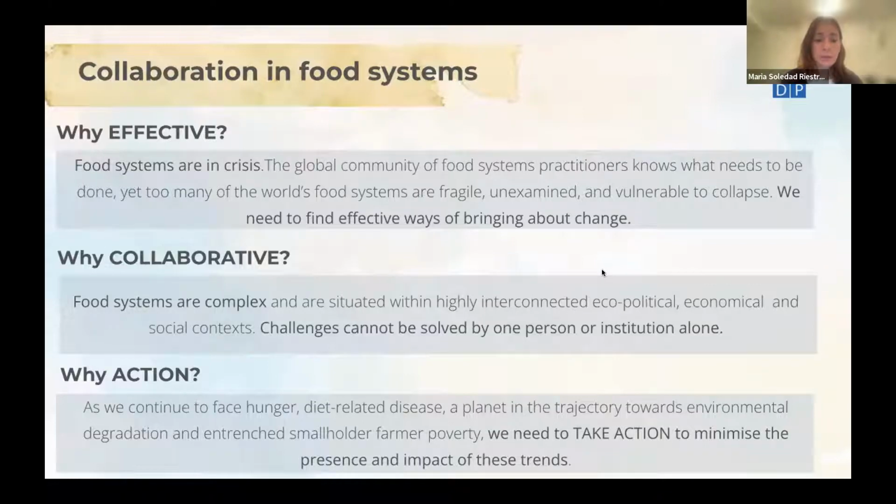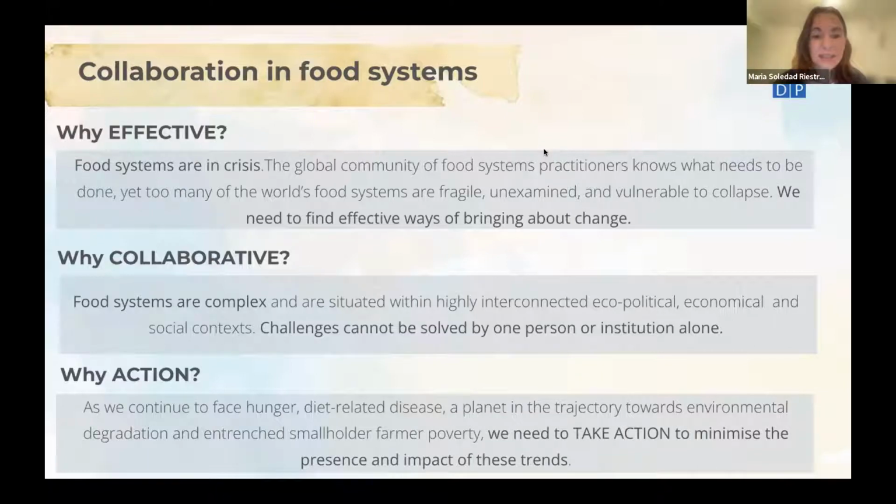And we talk about effective collaborative action as a type of collaboration that goes beyond a theoretical exercise or a conceptual ideation, and rather it focuses on the need to bring about systems change into food systems in a much more effective way, and that we need to do so together, and action is needed urgently.